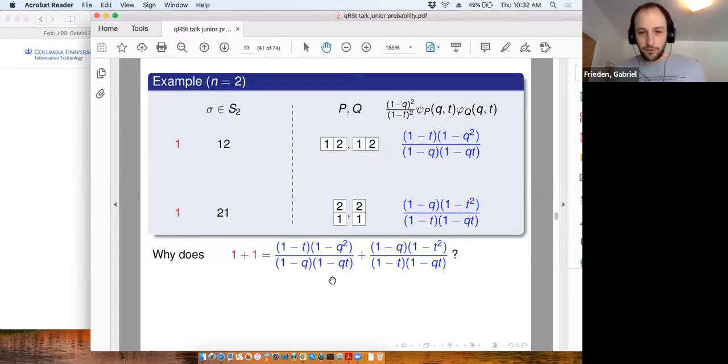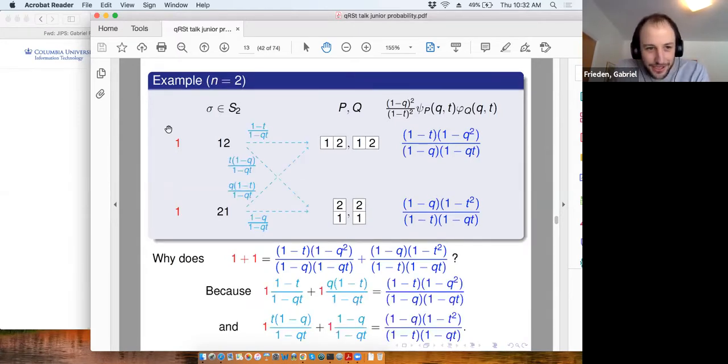So here's what we can do. I want to understand why this identity holds. You could check that it works in maybe 30 seconds, but I want to be able to understand this for higher values of n, where there are going to be way more terms on each side. So here's one way to understand this.